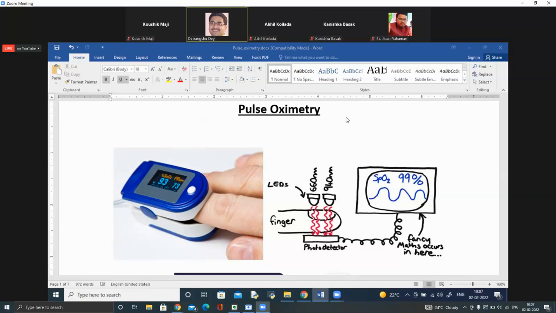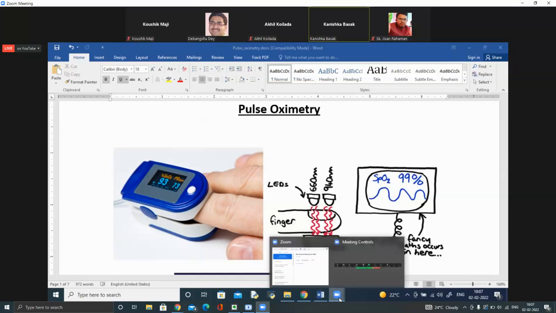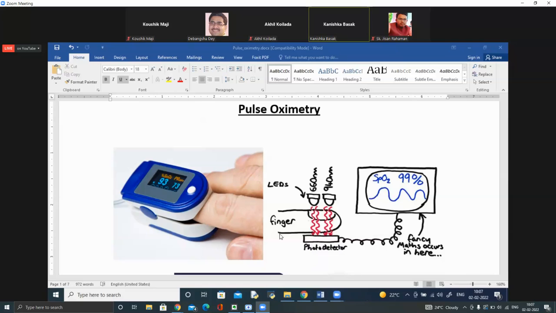From common sense, from your class 9, 10 biology knowledge. Amount of oxygen that is carried by the blood. Yes, and who is actually carrying the oxygen in the blood? The hemoglobin. Yes. The oxygen molecules can be attached to the hemoglobin, that will make it the oxyhemoglobin.